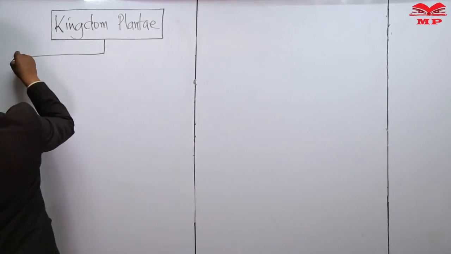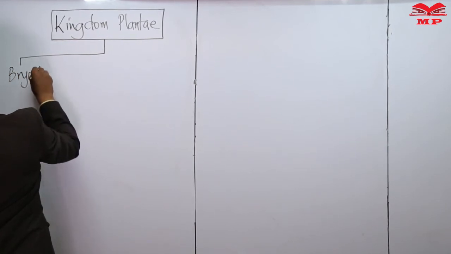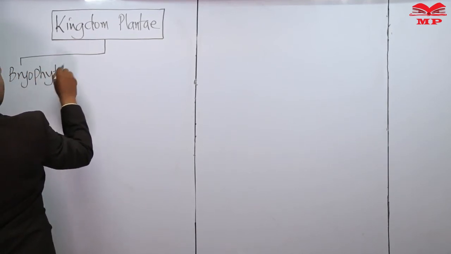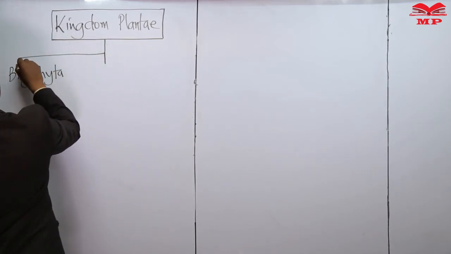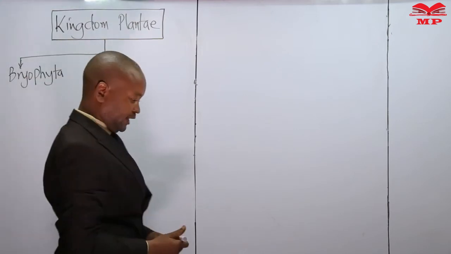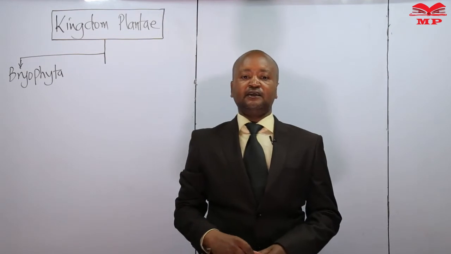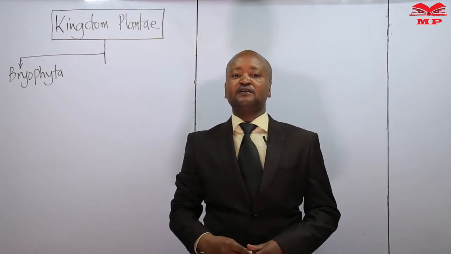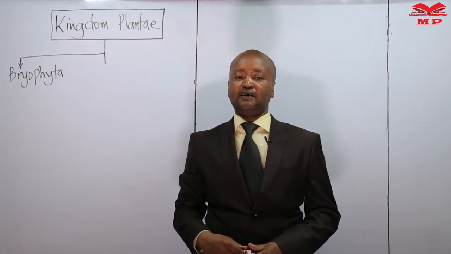So we have looked at Bryophyta. Then we have the next one which we are going to look at, but before that, we have already spoken about Bryophyta. The Bryophyta has some leaves, but it does not have flowers.